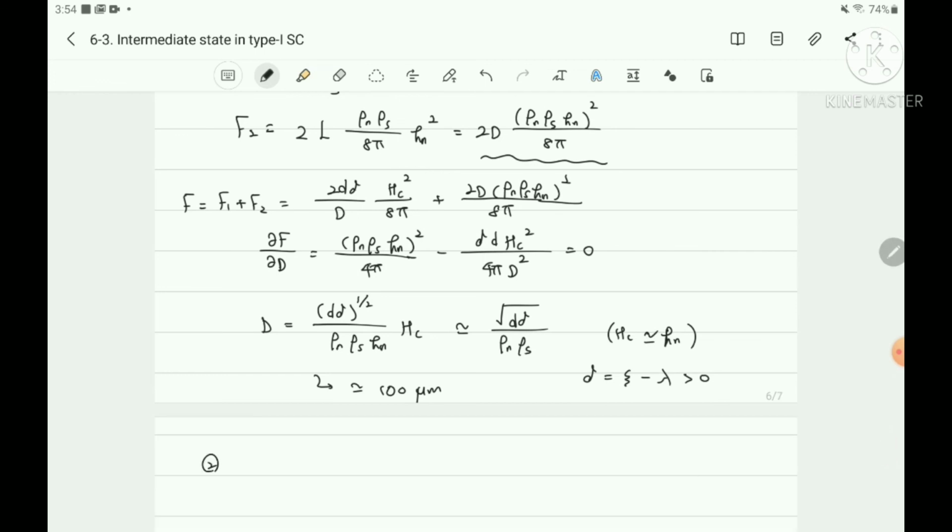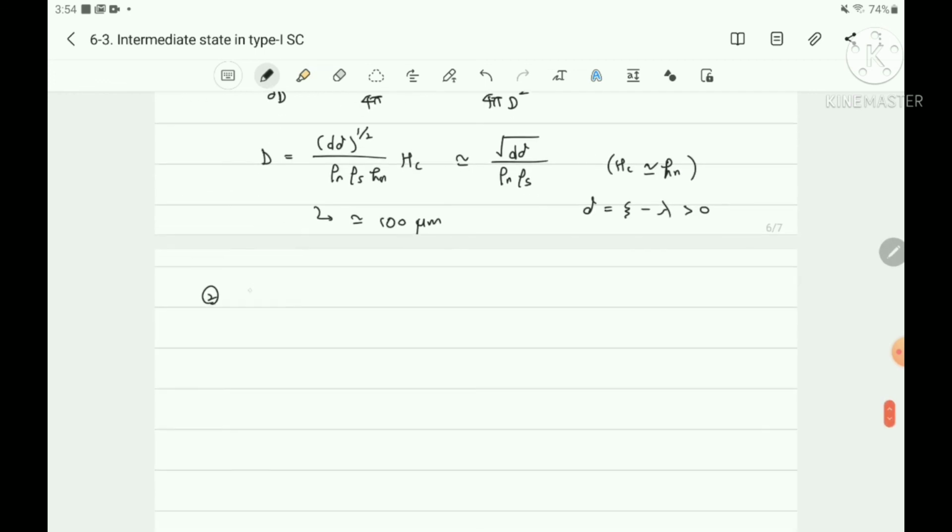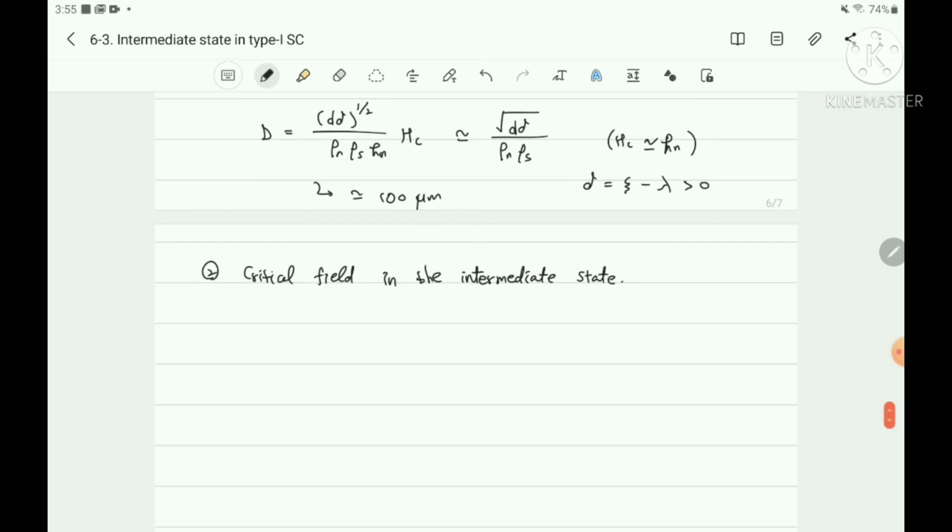And the second is the critical field in the intermediate state. The surface energy depresses the critical field in the intermediate state.